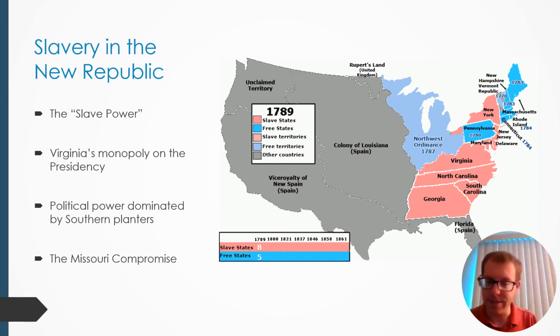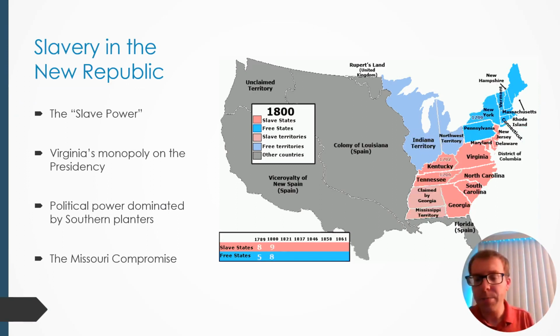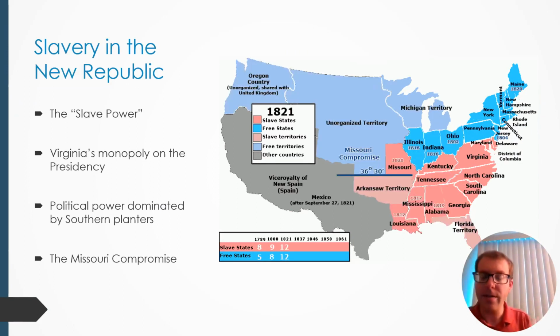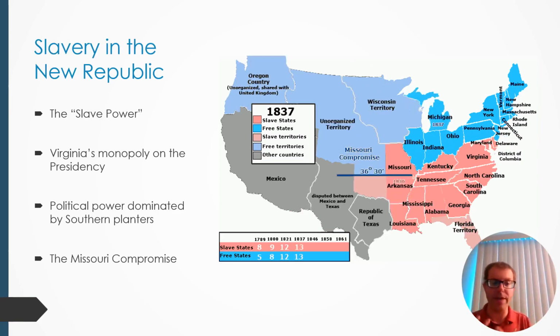So in the 1850s and 60s, Republican politicians who were anti-slavery stated that the country was hijacked by this thing they called the slave power.